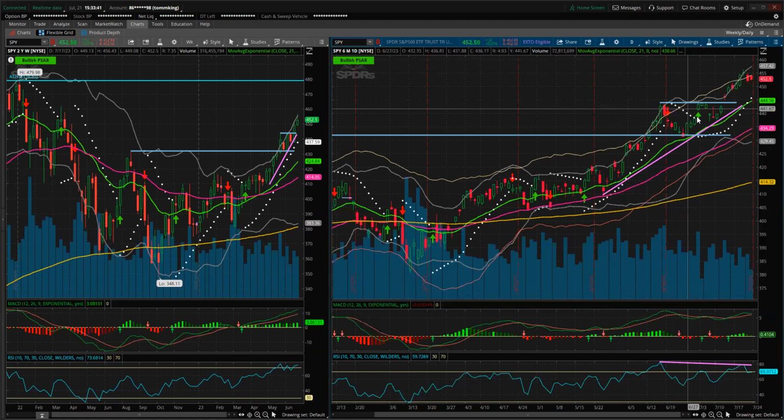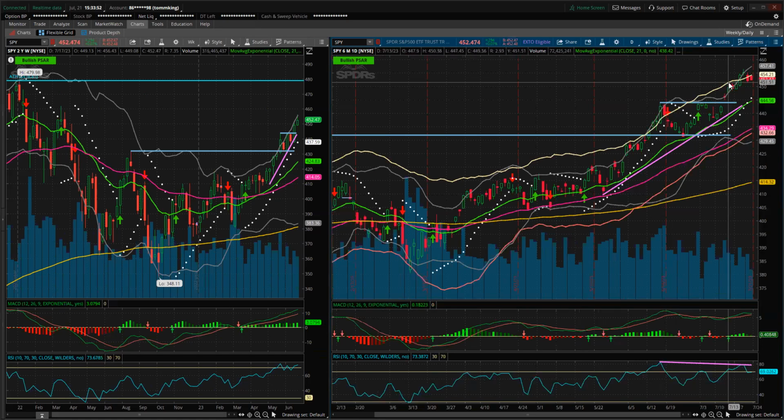I can use it in conjunction with the Bollinger Bands as well. But you can see up here, more recently, we are exceeding the 3 average true range on this Keltner channel. That is as overdone as you can get, either to the upside or the downside.